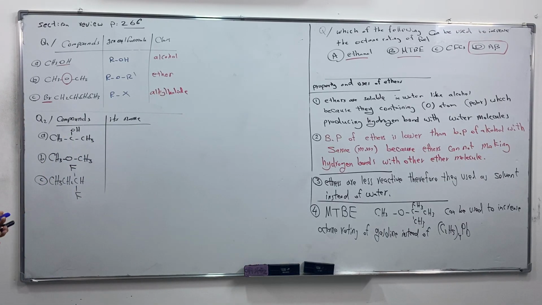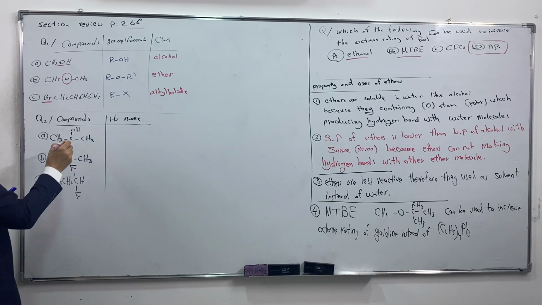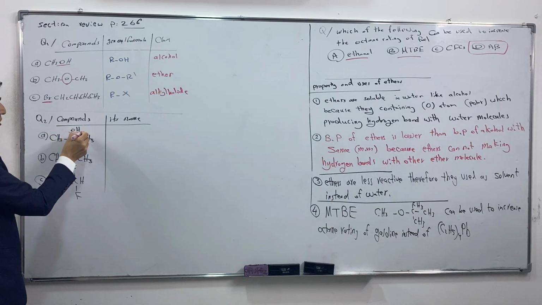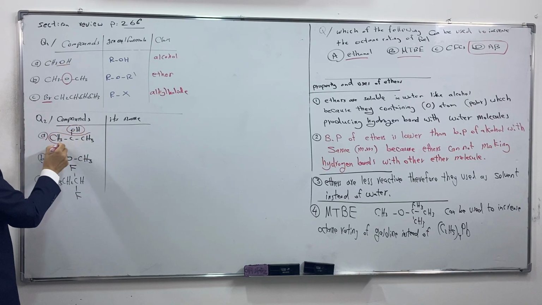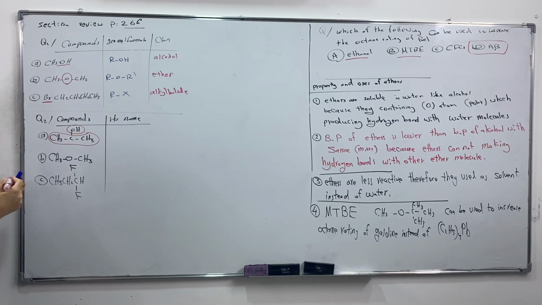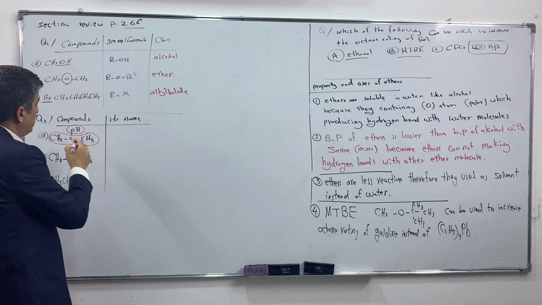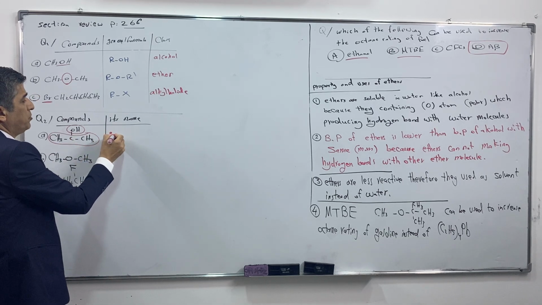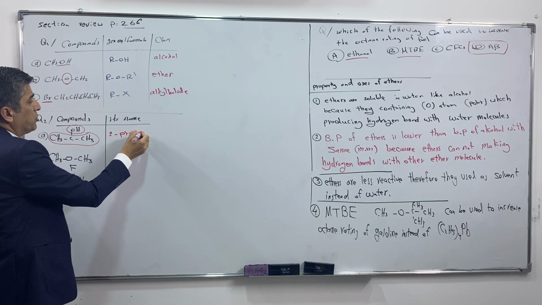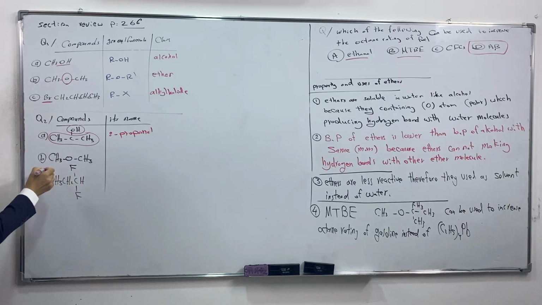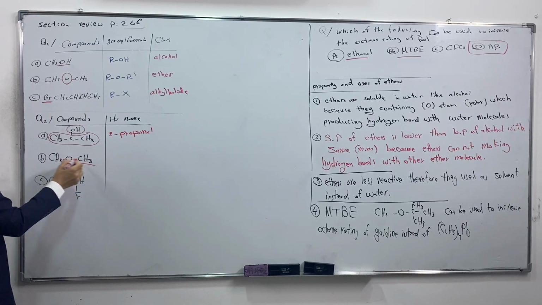When we try to name a compound, the first step is to identify the functional group. The functional group here is OH. So the chain will be propane. We have the OH group on number 2. So the name of this compound will be 2-propanol, because we have an alcohol. In this compound, we have two alkyl groups and oxygen between them.